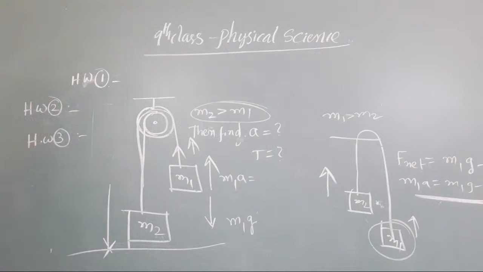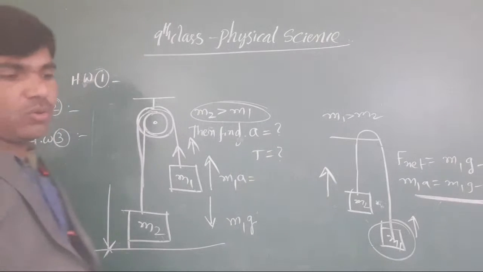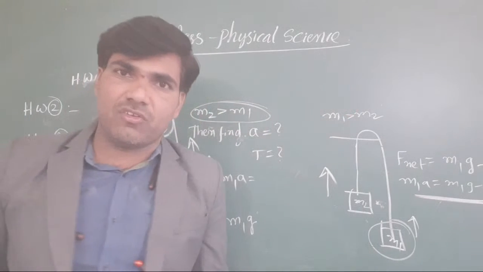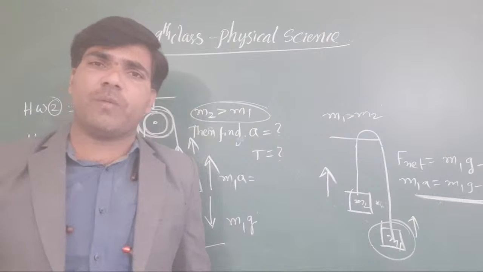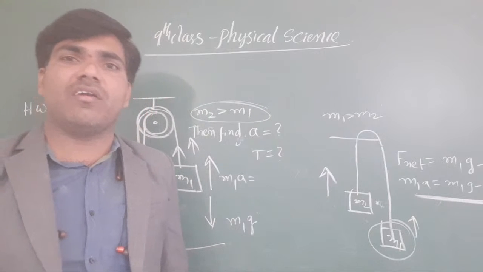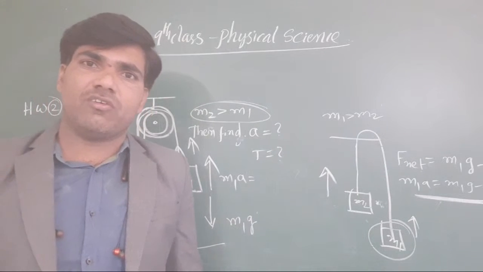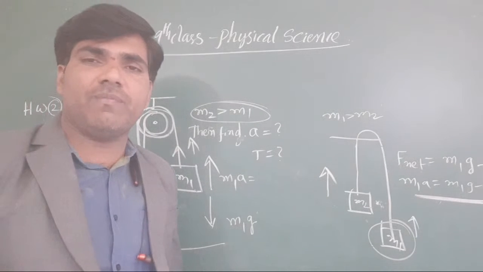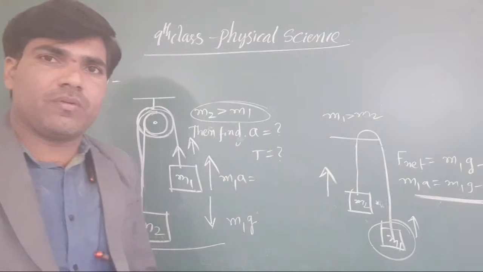The 3 homework problems are there. Now you have to conclude about the 3 homework problems. Understood, all the students? And also prepare some questions, not answers. Clear? Yesterday I already explained the formula of T; go through that once.